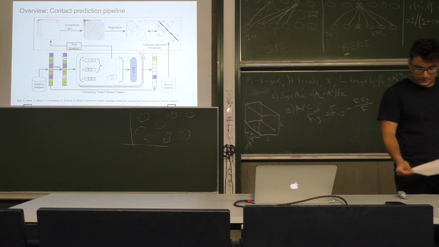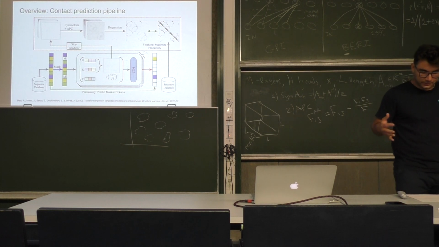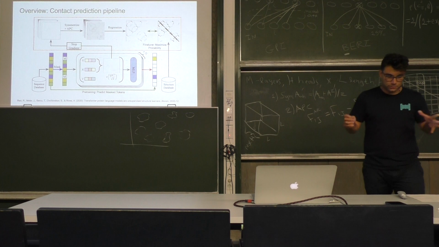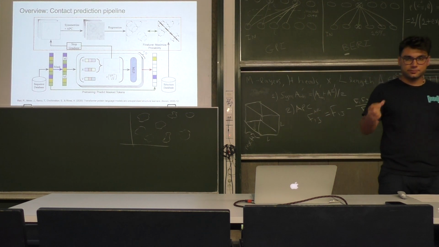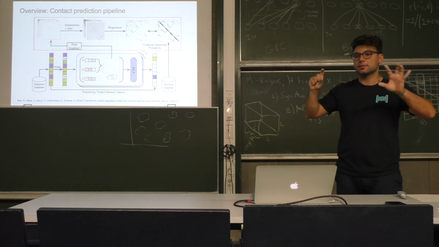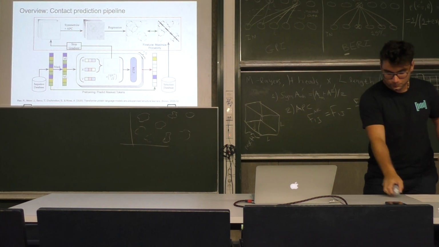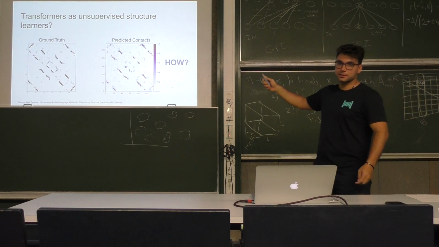So you can think of this as some sort of normalization step. It's not 100% clear to me what the intuition behind it is, but we did some visualization in the lab and we saw that even visually you see a much clearer picture of the predicted contacts.